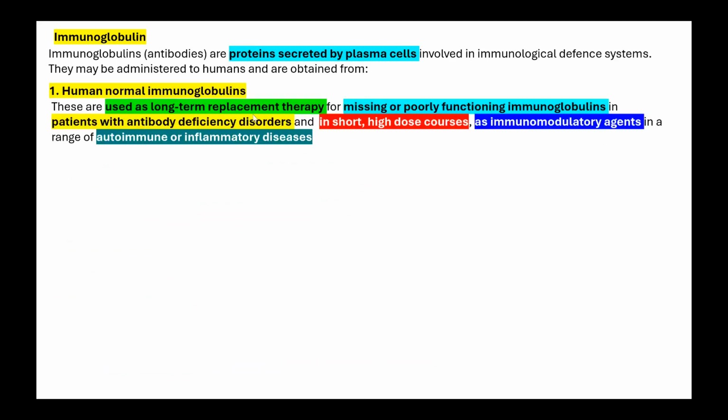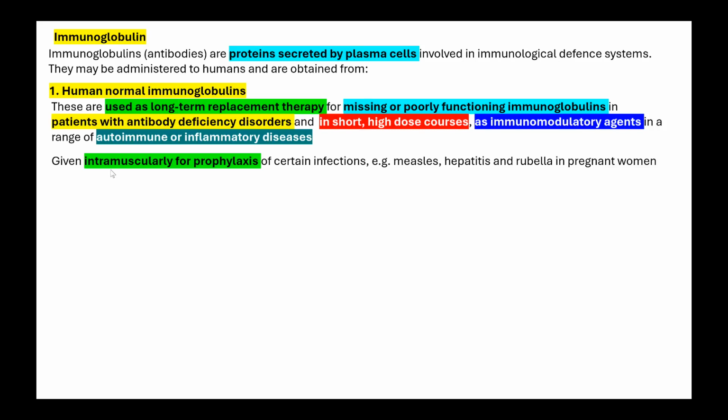They are used as long-term replacement therapy for missing or poorly functioning immunoglobulins in patients with antibody deficiency, or they can be used as a short-term therapy also in high doses as an immunomodulatory agent in patients with autoimmune or inflammatory diseases.